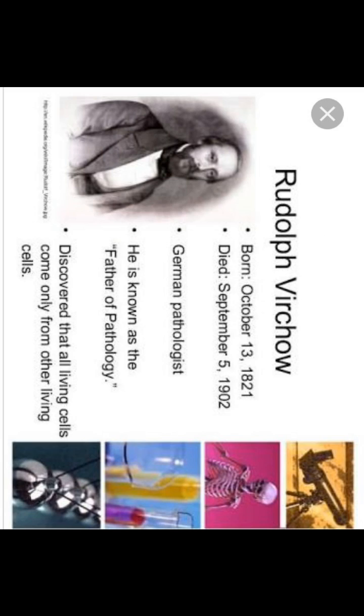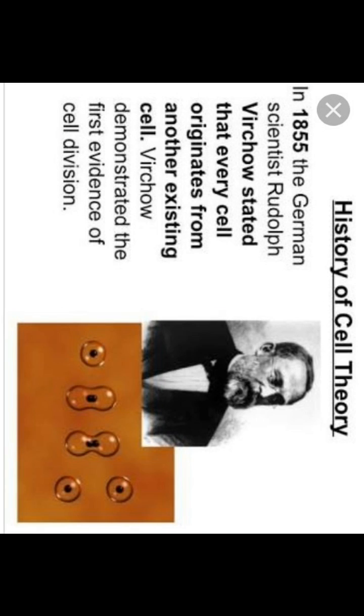This person is popularized as the father of pathology, right? So you can see on the present screen how the cells are dividing. In the year 1855, the German scientist Rudolf Virchow stated that every cell originates from another existing cell. Virchow demonstrated the first evidence of cell division.